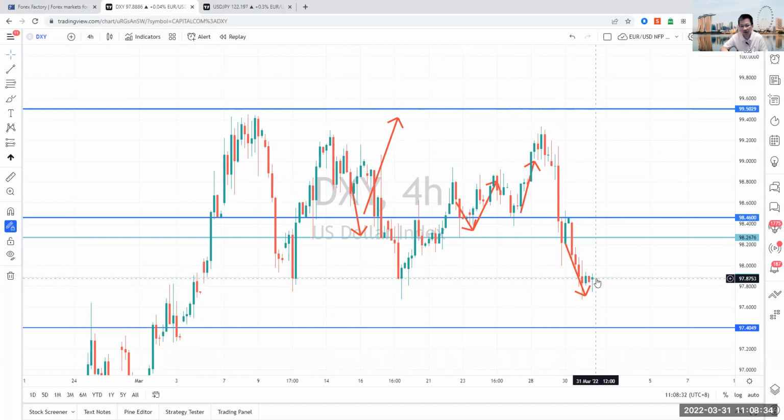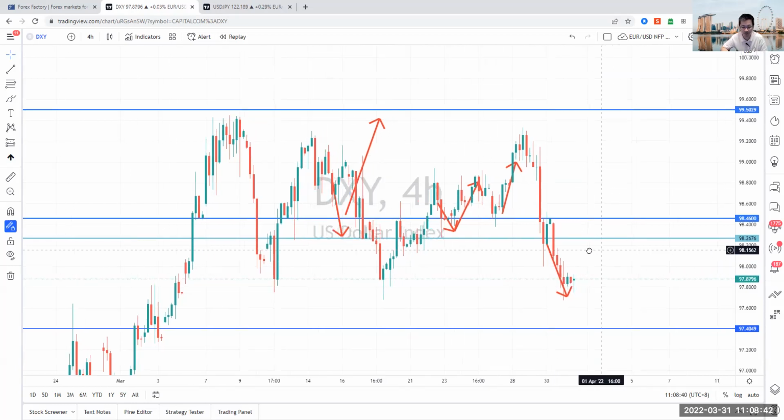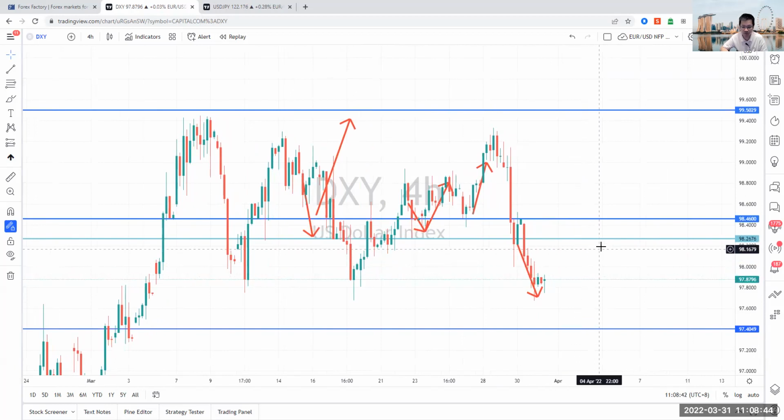I think this might be a good platform for the dollar to stabilize and possibly bounce back up a little bit, possibly back towards the 98.20, 98.26 level. We might see some stability and some strength coming back into the dollar, especially with what we are seeing in the news.